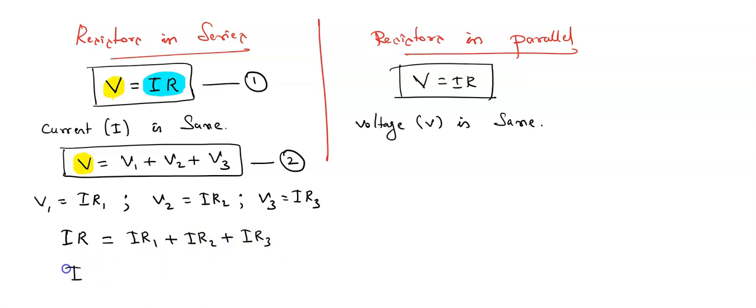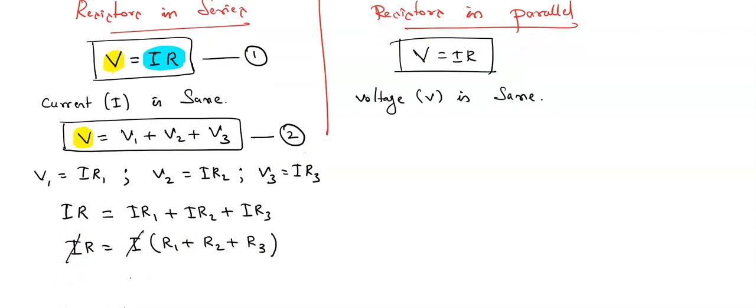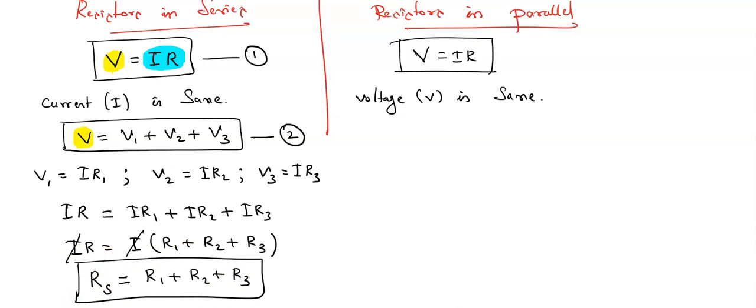So here IR is equal to I times R1 plus R2 plus R3, I is common. So this I and this I will get cancelled. So what is left? R, that is S meaning series. The equivalent resistance when they are connected in series, Rs is equal to R1 plus R2 plus R3. So this is our main formula. Understood now? Is this clear when the resistors are connected in series? Good. Now come back to when they are connected in parallel.